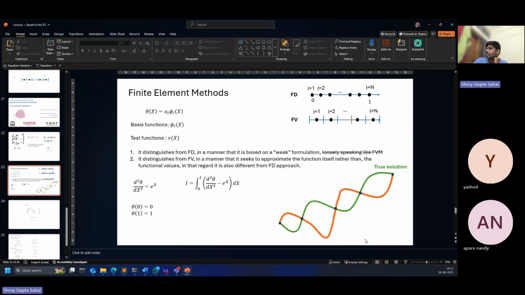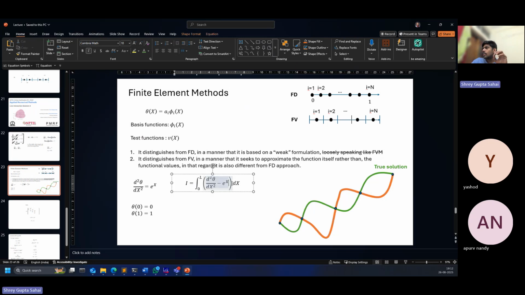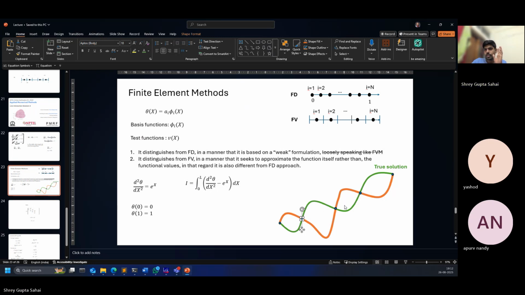You agree? Yes, sir. Now I'll remove this orange line. The idea is that error near these points must be zero. I'm trying to enforce that. So what I can do is put more weightage to errors near these points. Is that okay?